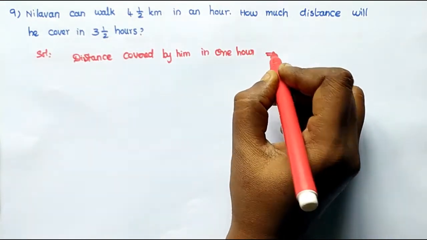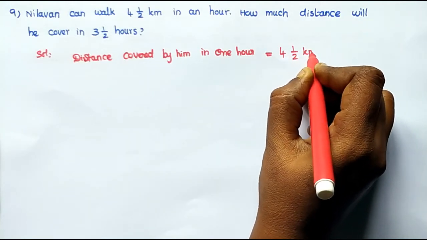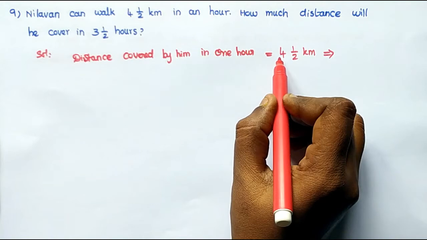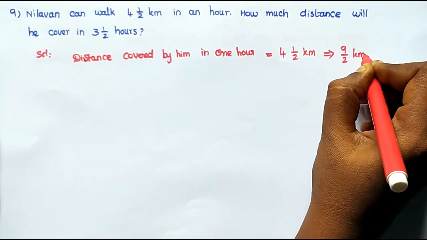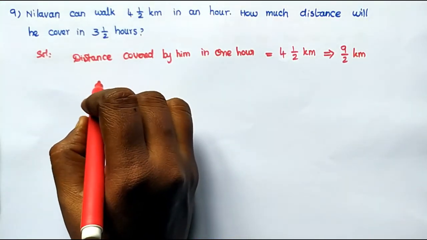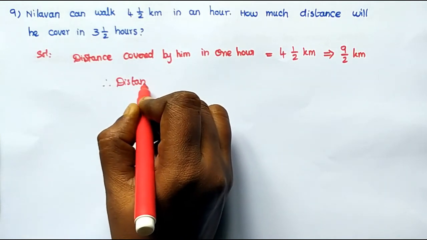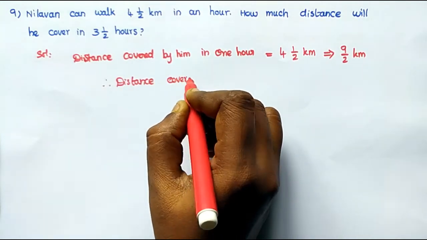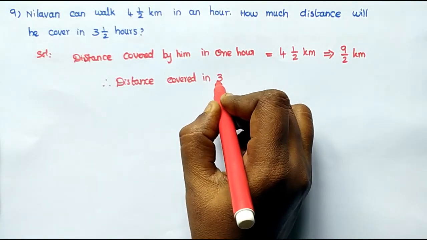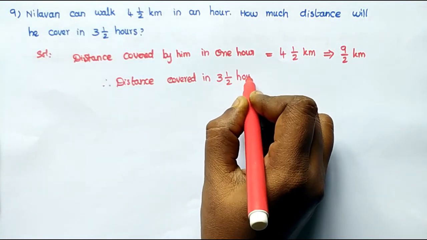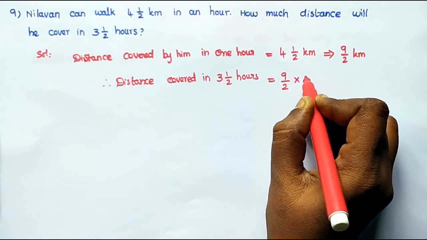In 1 hour he covered the distance 4.5 km. 4.5 km is equal to 4 2s are 8, 8 plus 1, 9 by 2 km. And therefore distance covered in 3.5 hours is equal to 9 by 2 into 3.5.